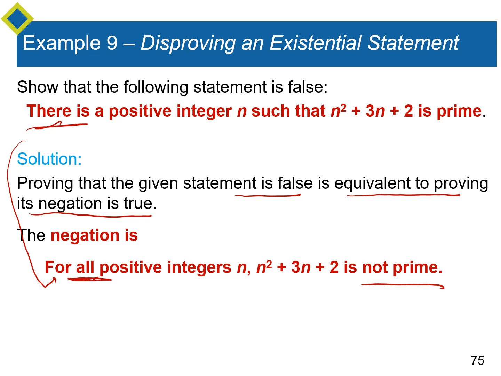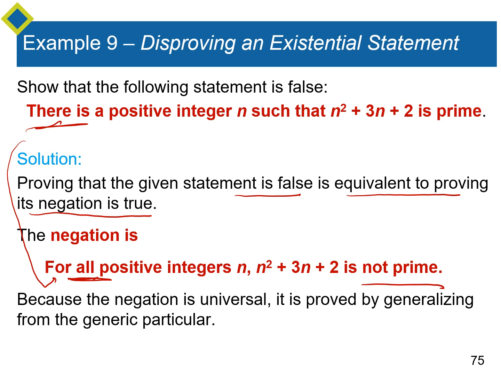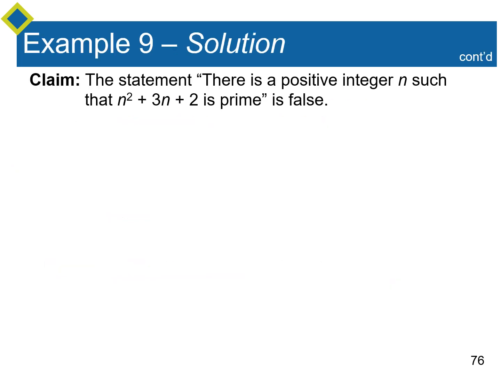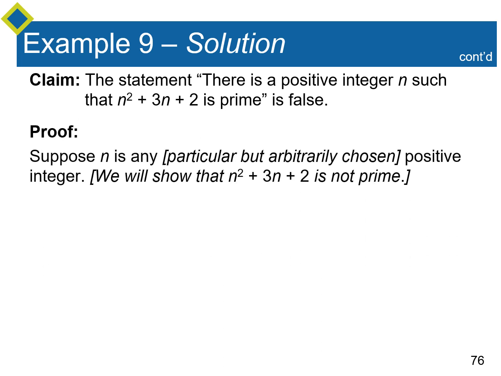So we follow that theorem from before. Because the negation is universal, it is proved by generalizing from the generic particular. So how to prove that the statement, there is a positive integer n such that n squared plus 3n plus 2 is prime, is false?